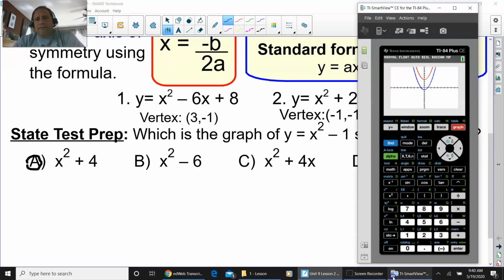Remember, getting the vertex is easy. If we wanted the vertex of the blue original parabola, exactly where it is right here, you see, actually it's right here.